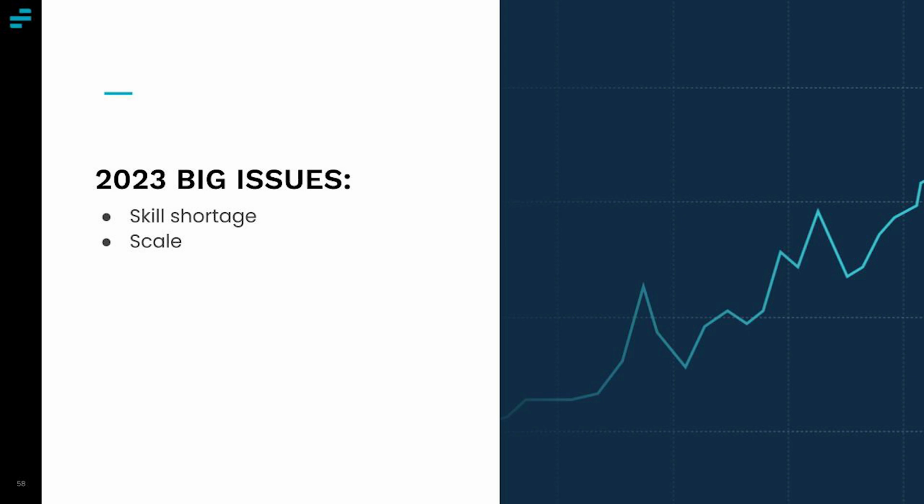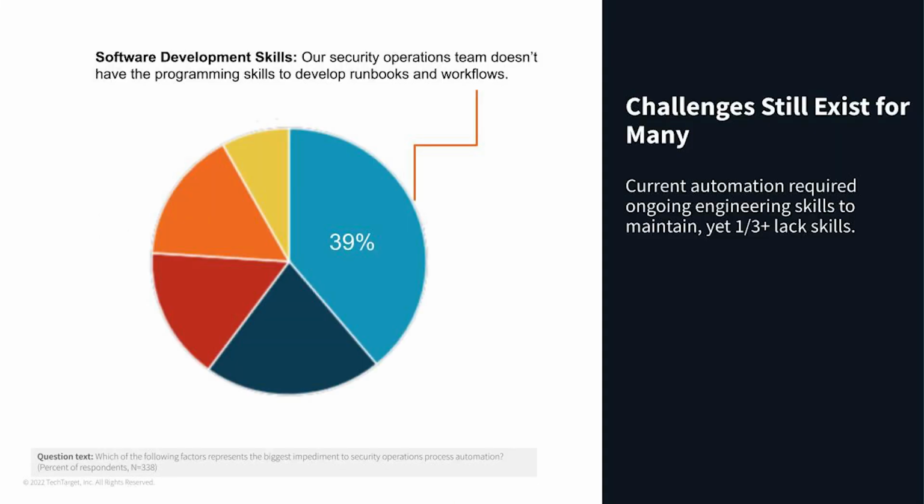And that was reflected in some research we did when we asked, well, what's the biggest impediment to automating or security operations process automation? And the biggest thing that people said, 39% of security professionals that we surveyed said software development skills. So our security operations team doesn't have the programming skills to develop run books and workflows.